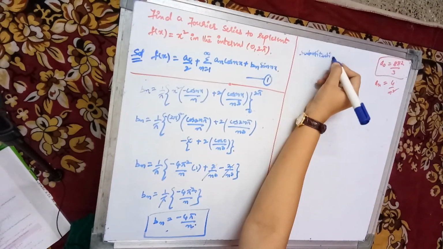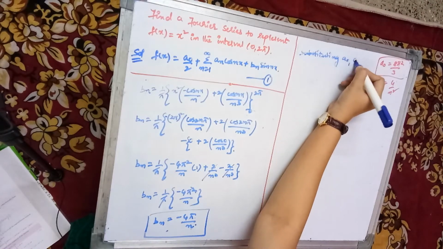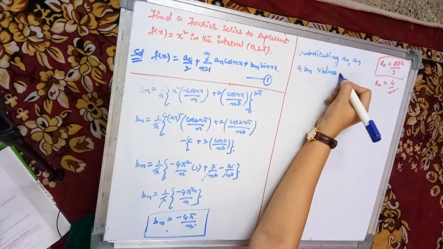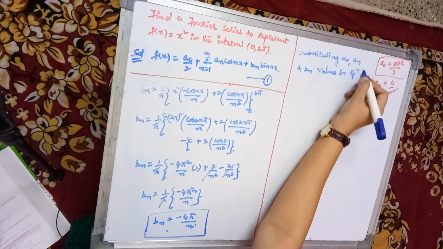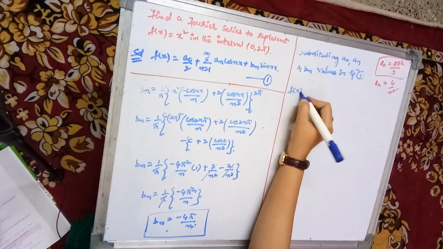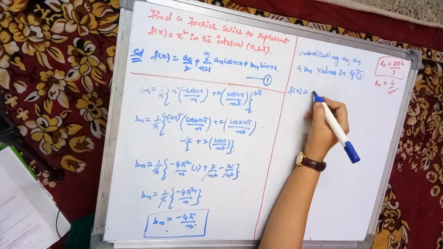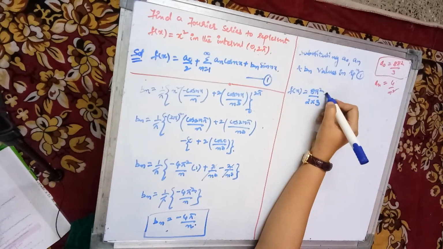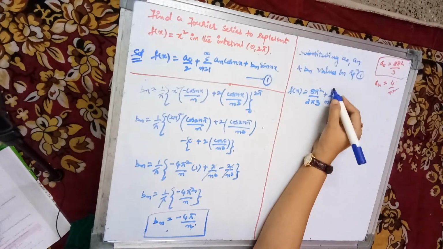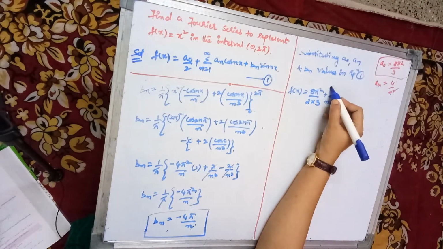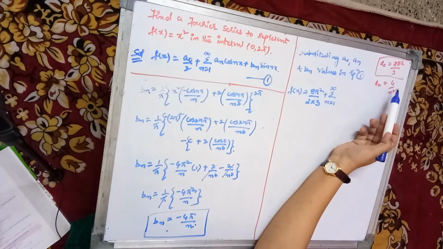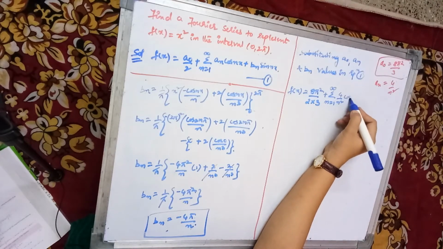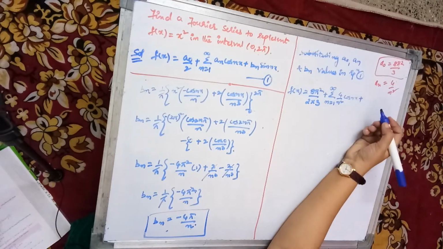Substituting a naught, an and bn values in equation number 1, f of x is equal to, where a naught value we got is 8 pi square, by 2 into 3, then plus summation n is equal to 1 to infinity of an value, which is 4 by n square, into cos nx, then plus bn value.